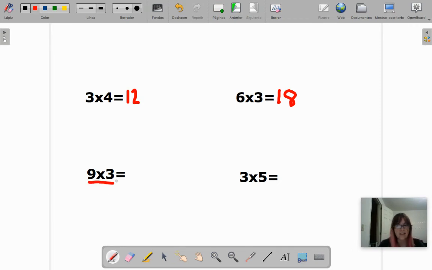Okay? 9 times 3, the next one. Again, don't get scared and say, I don't know the 9 times tables, but yes, you know 3. So let's begin with the 3 and go backwards. 3 times 9. Okay? So 3 times 9, identify which is your finger 9. That's this one, almost the last one, okay?